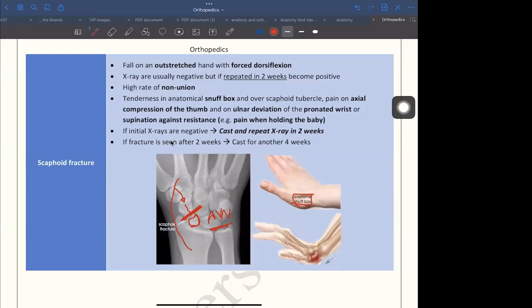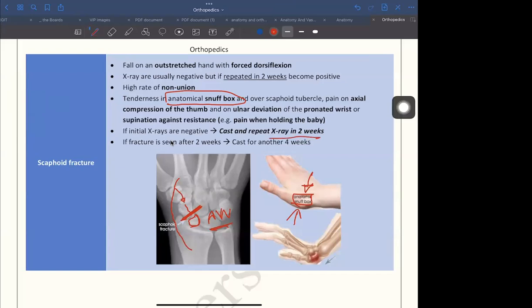So what you need to do is either do an MRI now or repeat the X-ray within 2 weeks, and it will tell you if there is anything wrong with the scaphoid. Okay, so tenderness on the anatomical snuff box, or something called the compression test. So you basically put some compression from this side and from this side. If you find it very painful, you might be thinking that it is a scaphoid fracture.